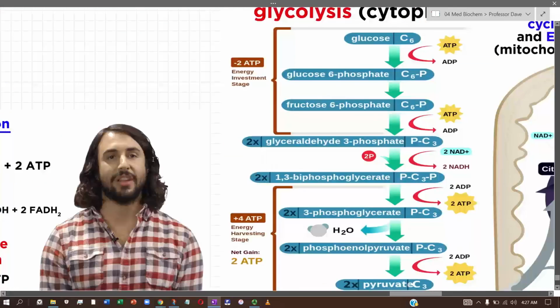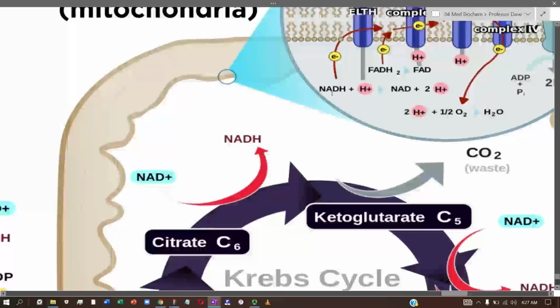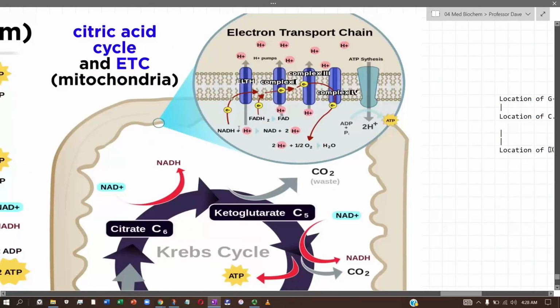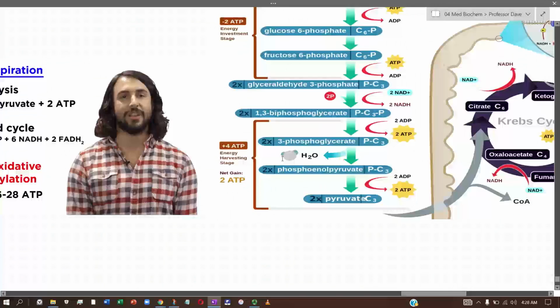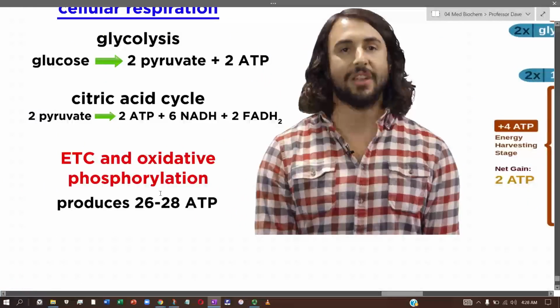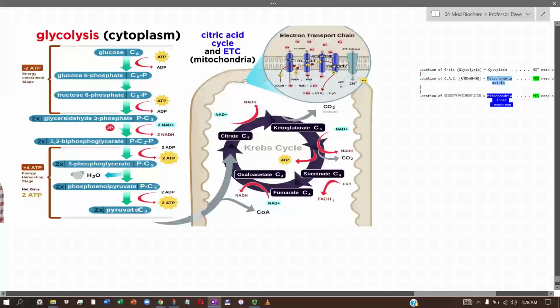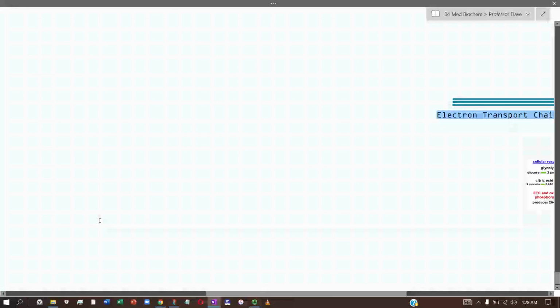And all of those NADH molecules, as seen right here, alongside the FADH2 molecules, as seen right here, will power the proton pumps to create the gradient, and the ultimate net gain of ATP is this amount. The electron transport chain and the process of oxidative phosphorylation produce 26 to 28 ATP molecules. Cool. And that is the end.